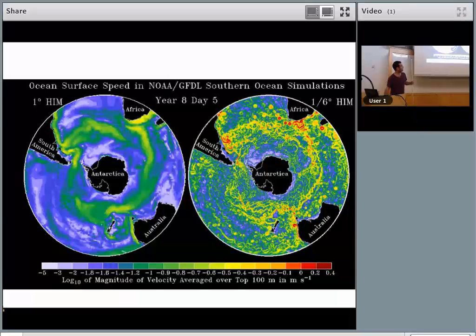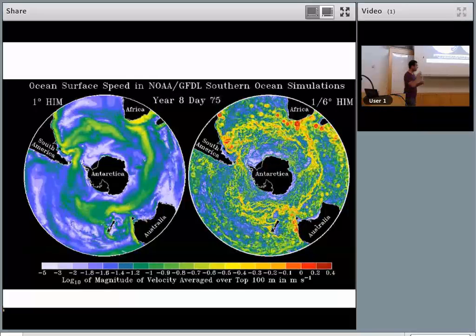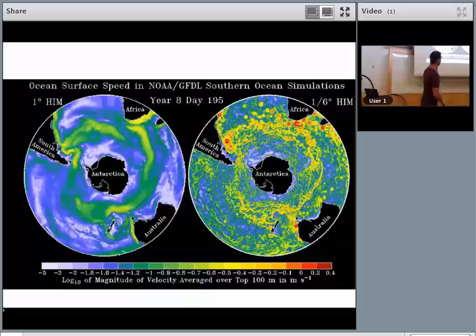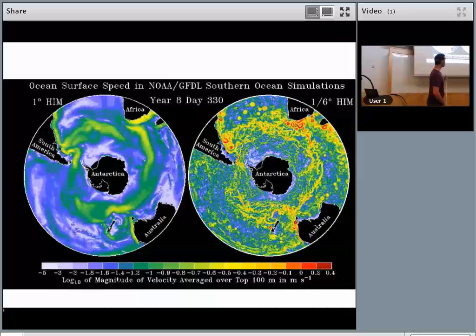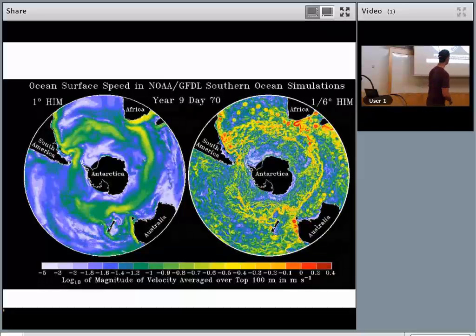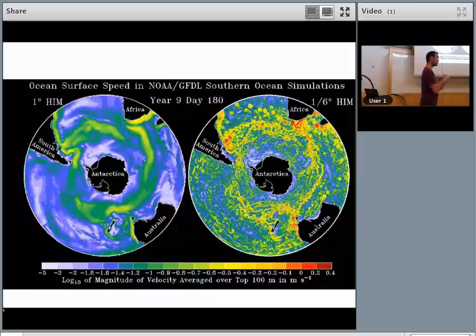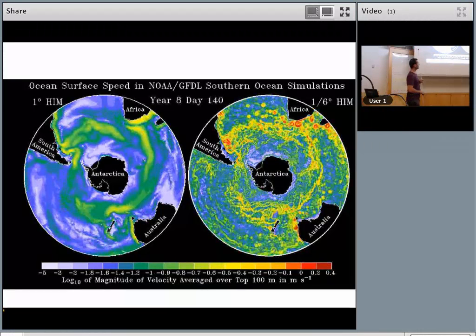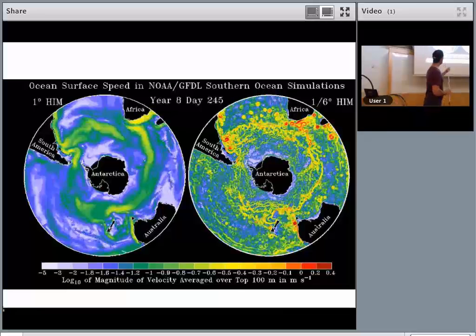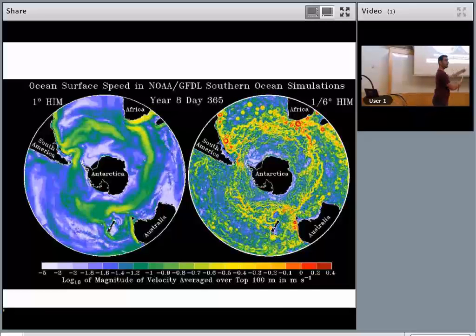Now I'm going to ask you to focus on the right panel. This is also a numerical simulation, but this time you have 6 times more resolution in the calculations. I will play it again. Broadly speaking, it's the same picture, right?